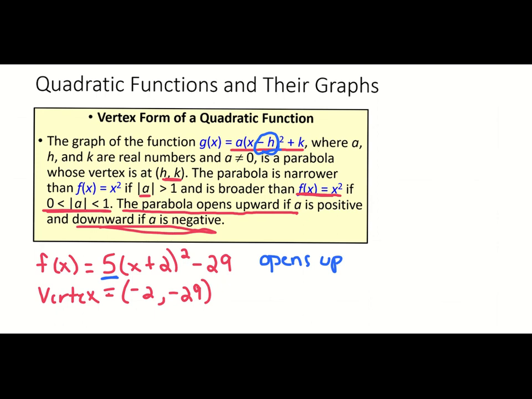And if I needed to know some information, I do know that my axis of symmetry would be x equals negative 2. And because it opens up, I'm going to have a minimum value. My minimum value for the parabola would be y equals negative 29. So there's a lot of information you can get from that equation by just looking at the equation.